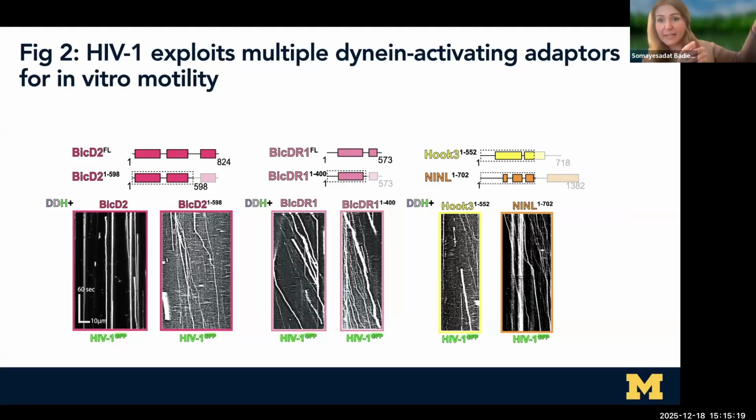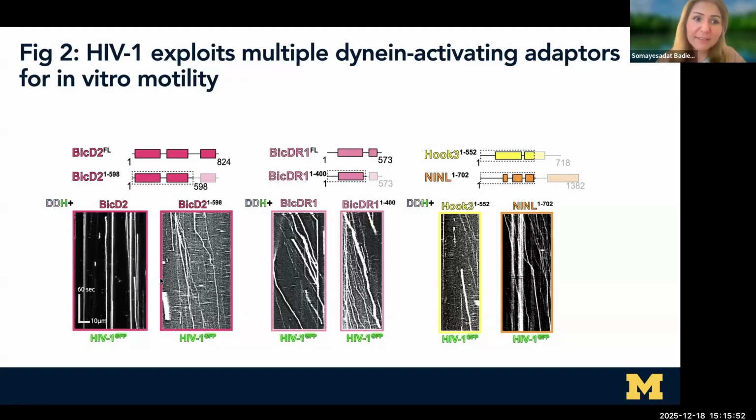The N-terminus of BICD2 can interact with dynein and dynactin to generate motile events. I hypothesized that if dynein by itself is needed for interaction with HIV-1 and to bring HIV-1 to the microtubule, then it is not able to activate BICD2. And if instead of BICD2 I use another activating adapter that is constitutively active, not in an auto-inhibited state, I should be able to generate motile events.